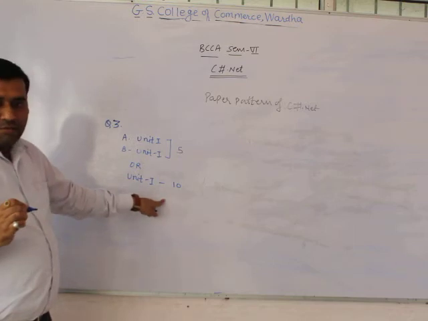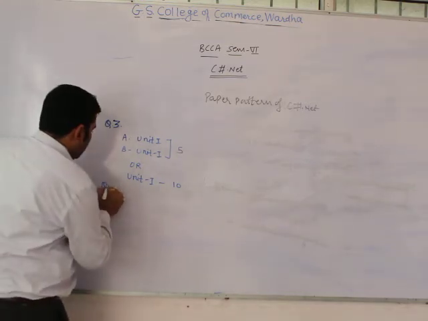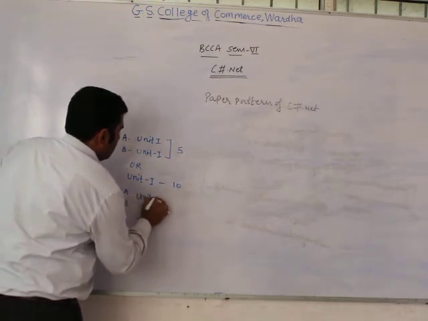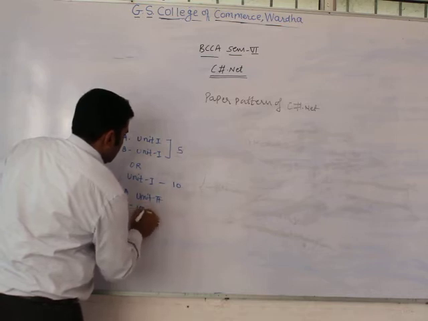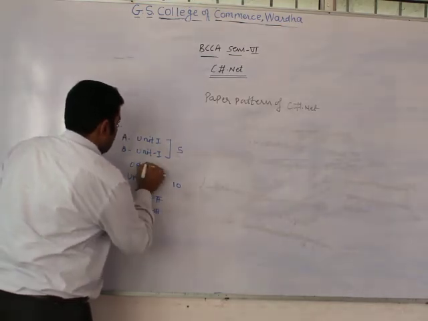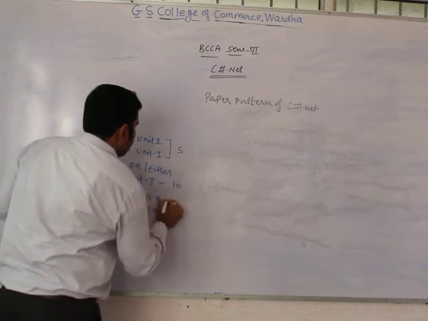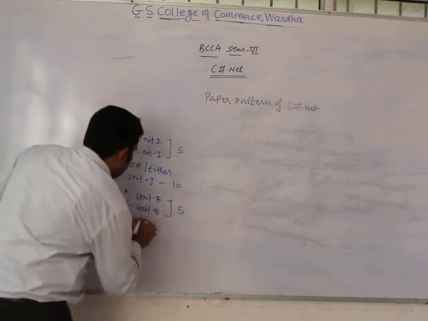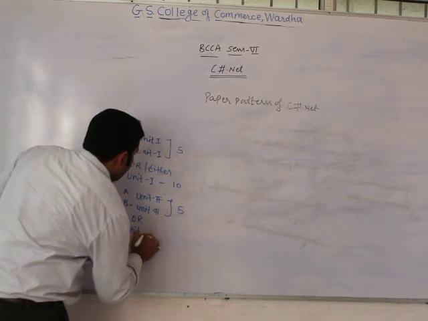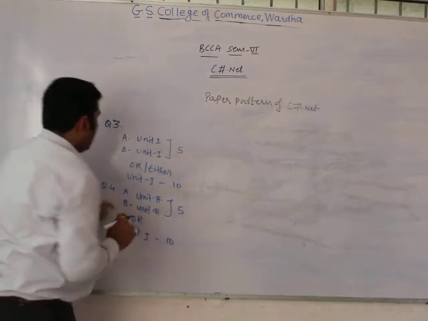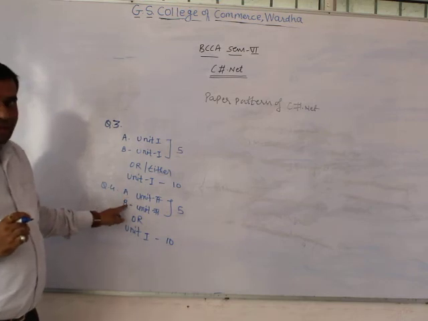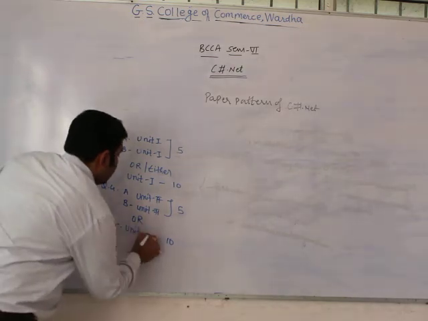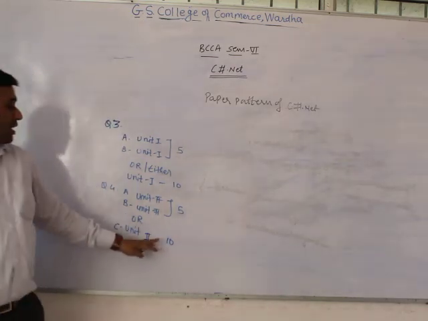Then question 4 is asking from unit 2. A and B are 5-mark questions, and there is also a 10-mark question.